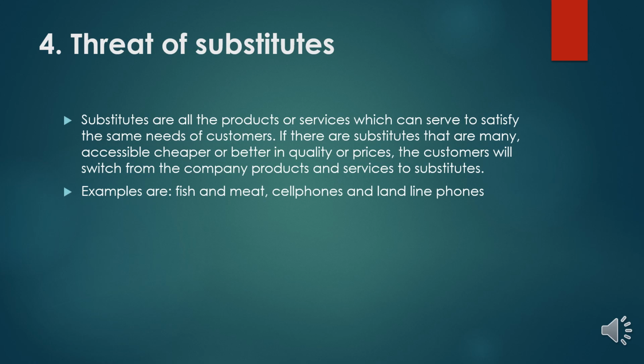If there are substitutes that are many, accessible, cheaper, or better in quality or prices, then the customers will switch directly from the company products and services to substitutes. For example, customers can switch from eating fish to eating meat, or using cell phones instead of landline phones.